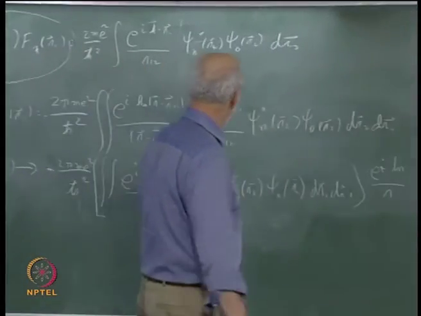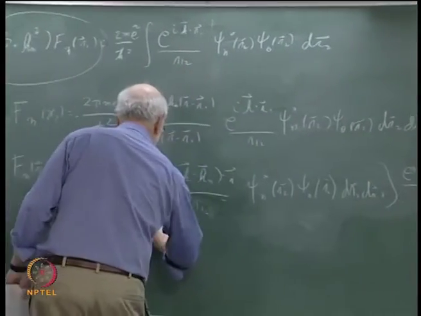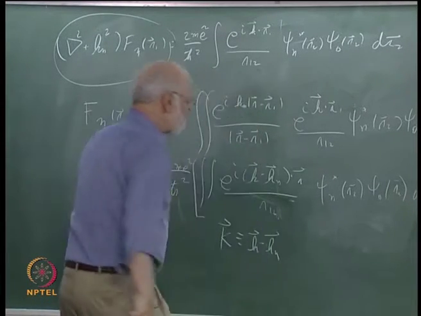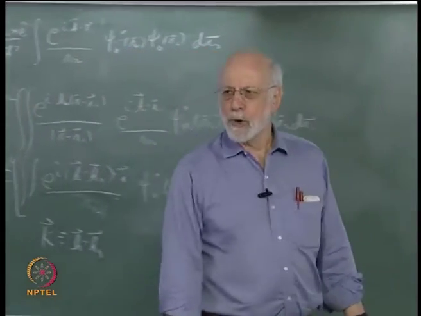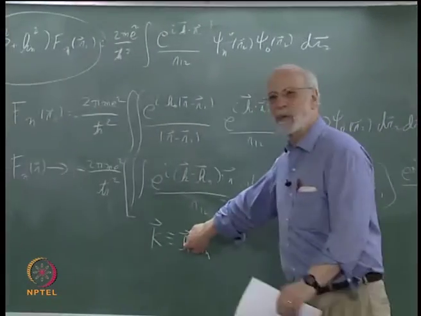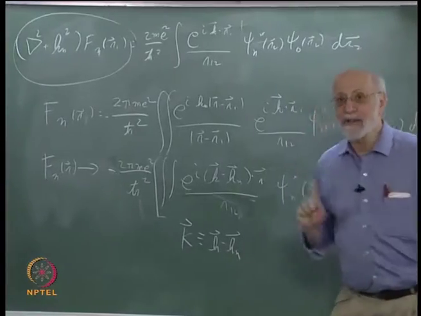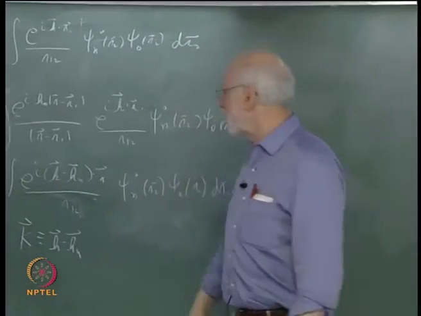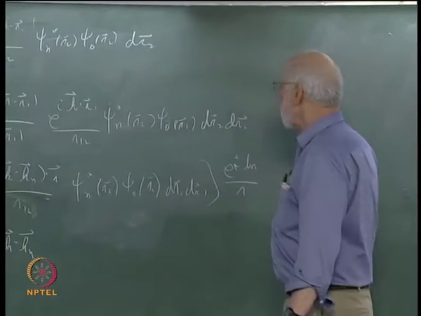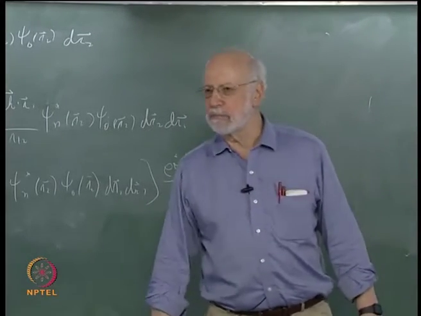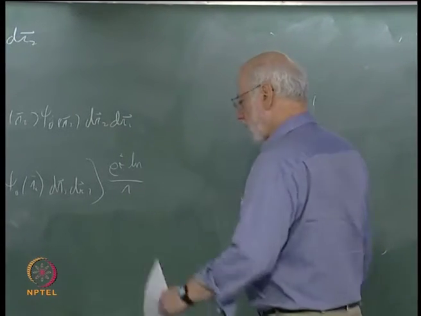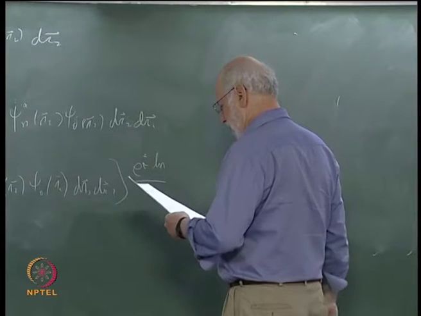First of all, I define capital K as, that's generally called a momentum transfer, although it's actually h bar times capital K, which is the momentum transfer, because h bar K is the momentum of the incident particle, h bar Kn is the momentum of the scattered particle, so that's the difference. That just makes things a little bit easier. And then I change variables for R1, I change it to R12. It's a simple change. Jacobian of the transformation is 1. I would have done it, but I don't have time to at the moment.